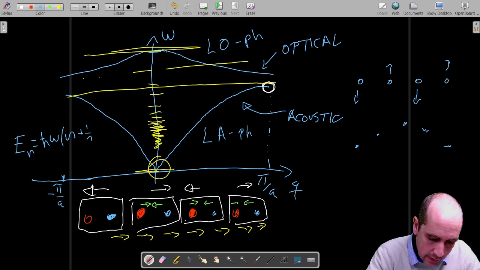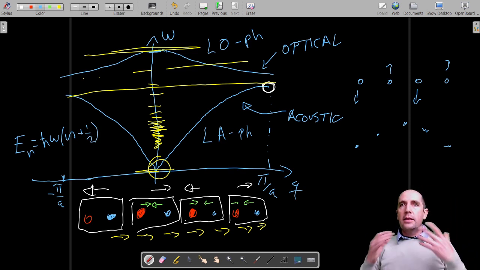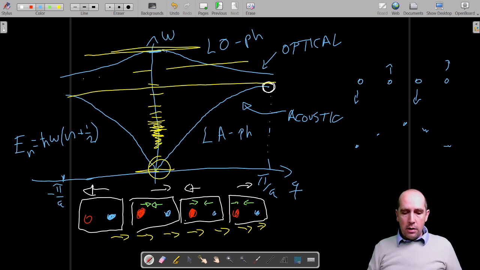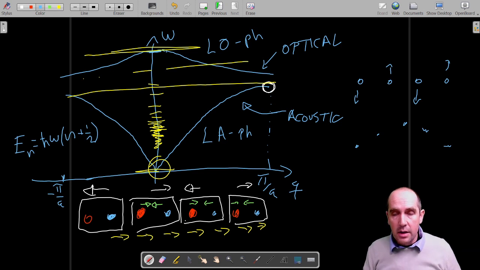This means that even at 0 Kelvin, even in the absence of thermal energy, there will be a little bit of vibration of the lattice, which is just due to this n equals 0 minimum energy state of this quantum elastic system.